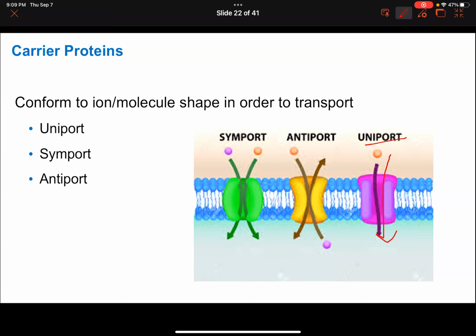Symport is a carrier protein that's going to carry 2 different molecules simultaneously, or together, through the carrier protein. Antiport is a carrier protein that's going to carry one molecule in one direction and another molecule in the exact opposite direction. So those are different types of transportation that can occur through these carrier proteins.